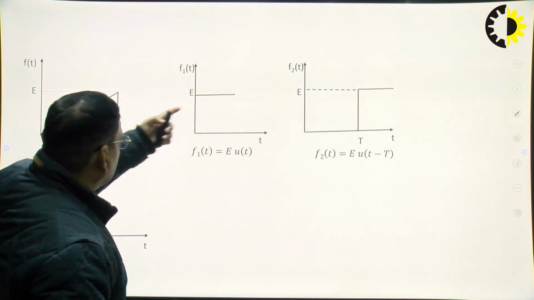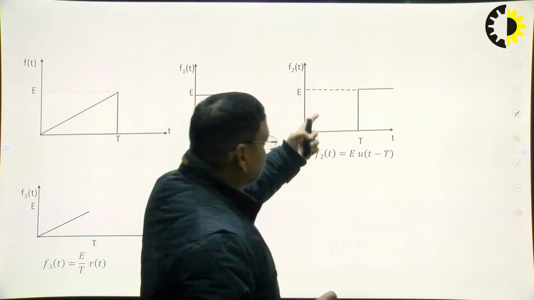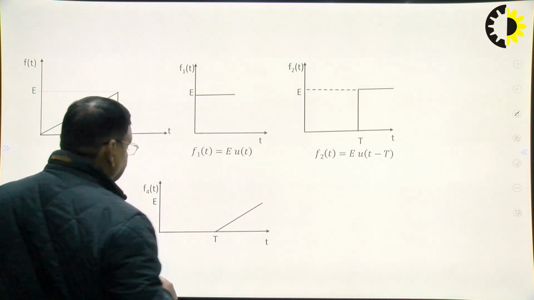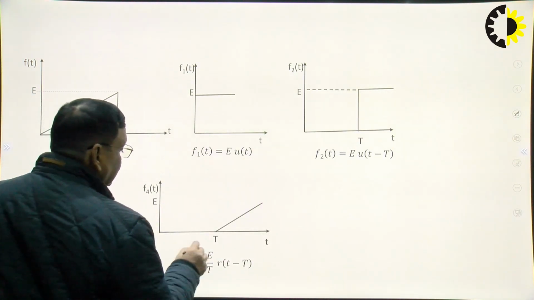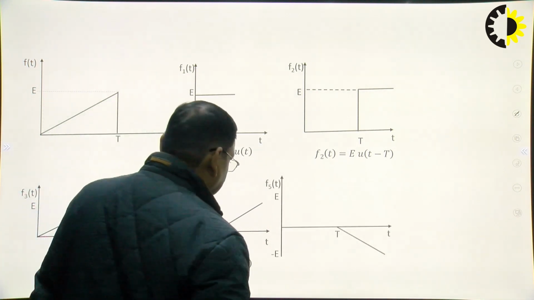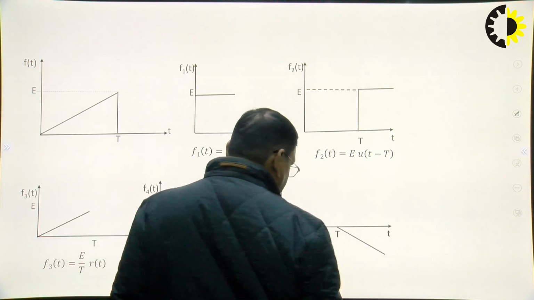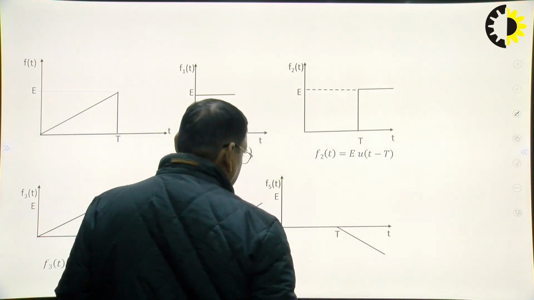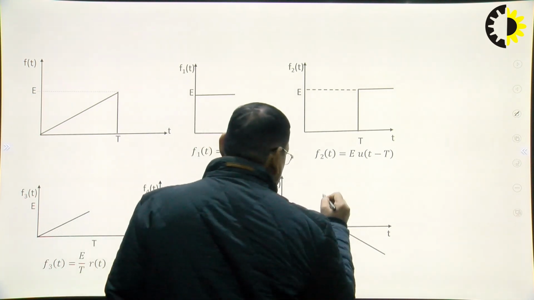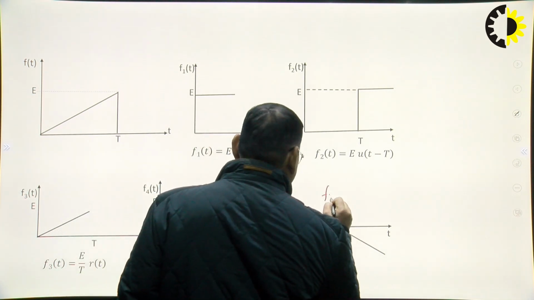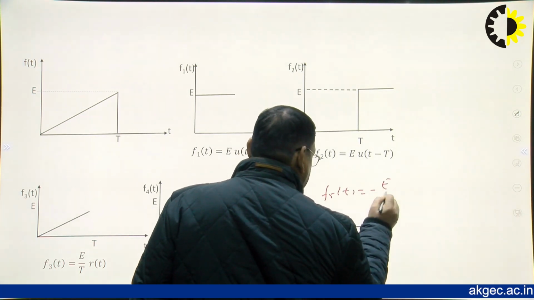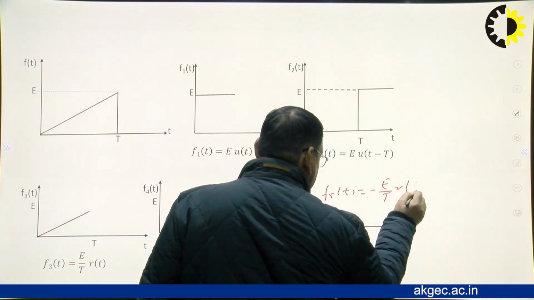What is the equation of this line? It is (E by T) r(t minus T). And what is the equation of this line? It is E by T minus (E by T) r(t minus T). So basically f5(t) is minus (E by T) r(t minus T).